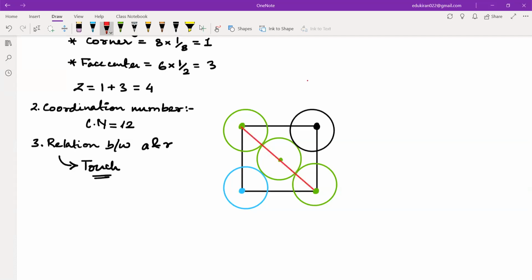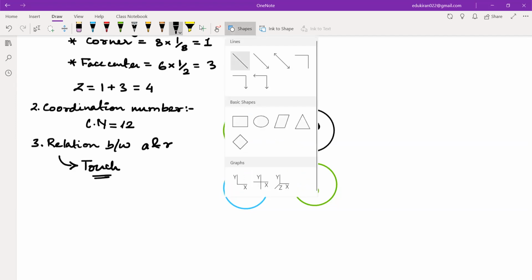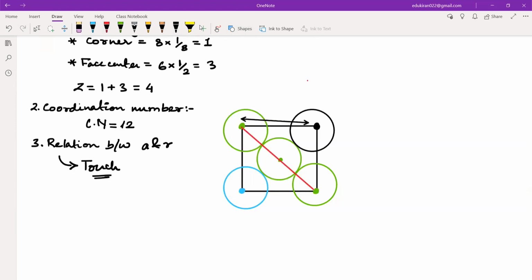So this is a square, right? The edge length is equal to a, isn't it? You people must remember all this. This edge length will be equal to a, and that is why this red line will be equal to a root 2. Correct? Yes or no? Yes, sir. This will be r.